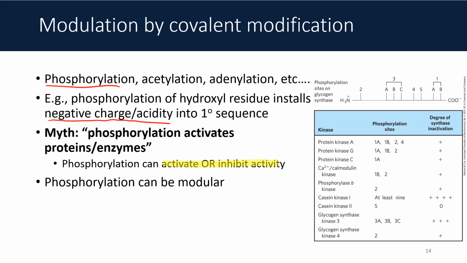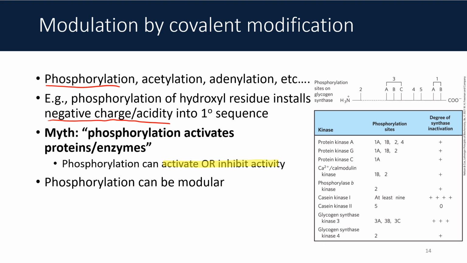We will be talking about glycogen soon, and glycogen synthase is actually inhibited by phosphorylation. And what's more, phosphorylation itself is modular. A protein can have many phosphorylation sites that are accessed in a specific order, and each of those sites may have different potencies. So check this out over here.